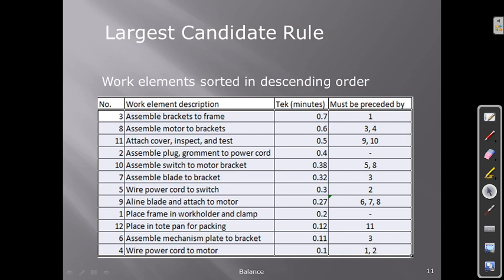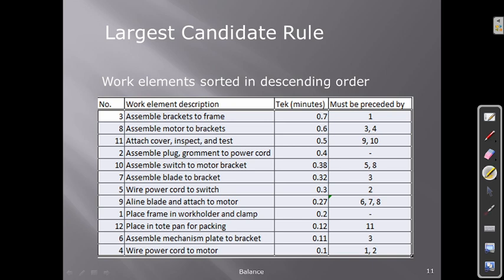Then in the next step, we have to assign elements to stations. In particular stations, what all the work elements should be there. This is the main motto of this problem.